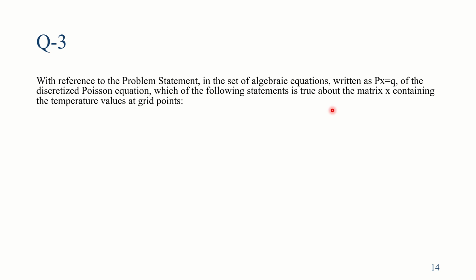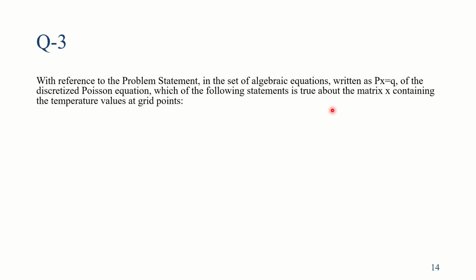So here we are calculating the temperature. So T is the temperature at the grid points. P is the coefficient matrix and T is the temperature at the grid points, and constants would be coming in this another matrix.